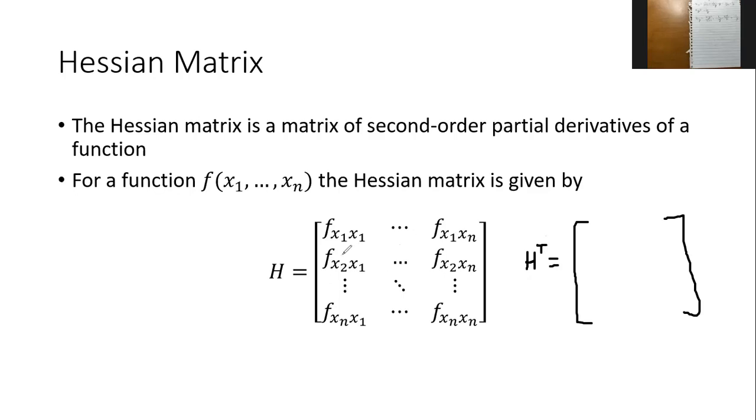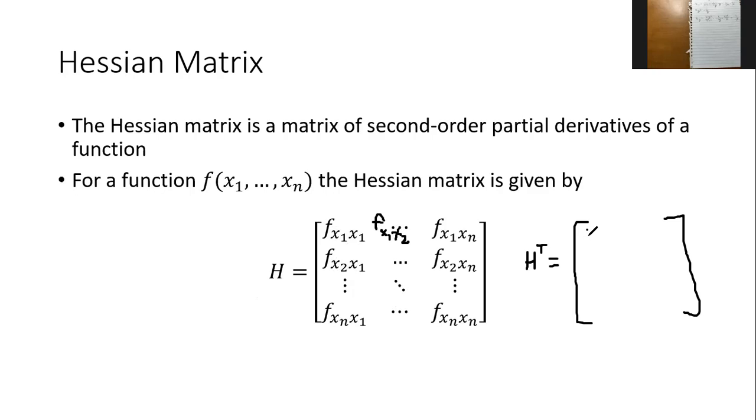They're not equal by definition because the way that they're written is different, but they're equal because of Young's theorem, which says that anytime I take the second order partial derivative of a function, it doesn't matter the order in which I take the differentiation. So there's going to be an f x1 x2 up here, and these two values have to be the same, which means H is symmetric because it's equal to its transpose.